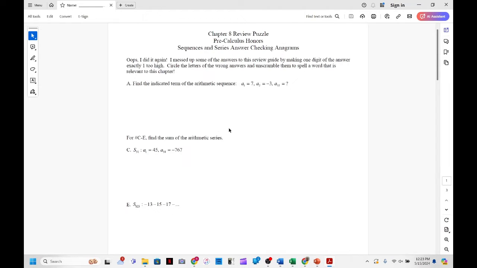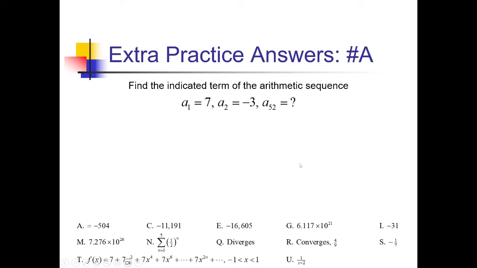So with that in mind, let's start going through and seeing which of these has the wrong answers. So here we go with problem A. In this one, we need to find the 52nd term of the arithmetic sequence that begins with 7 followed by -3. So we're going to use the nth term formula, a sub n equals a1 plus d times n minus 1. And we're looking for a sub 52 here.